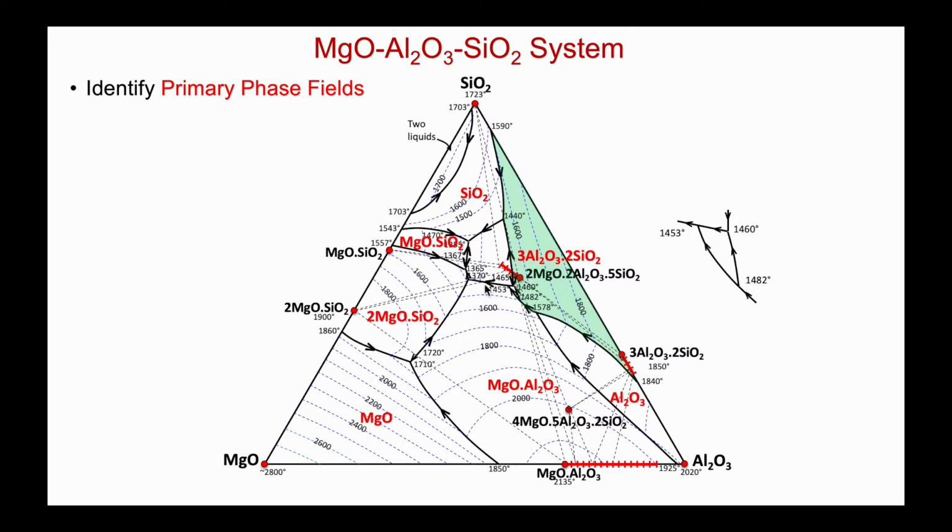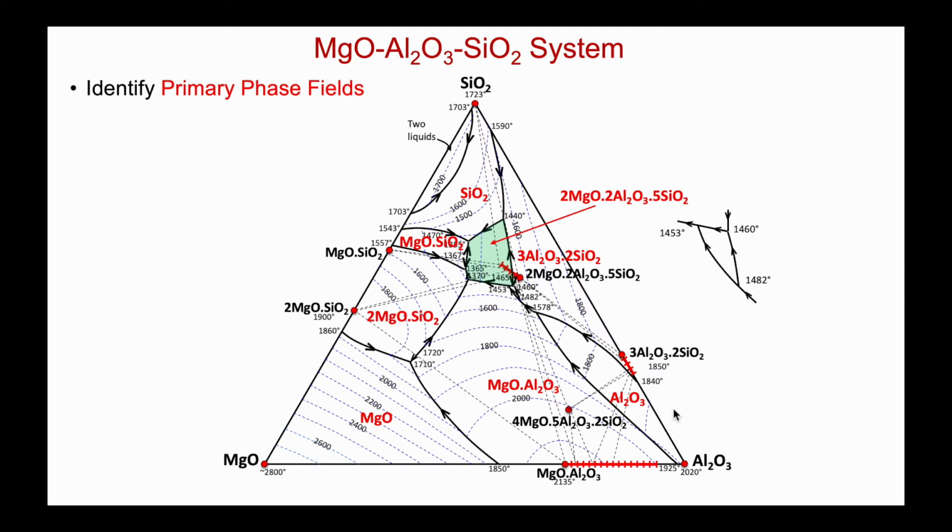Now there's a couple remaining in the middle of the system. This is actually the primary phase field of 2MgO-2Al2O3-5SiO2, and we see it lies outside the composition of that pure solid, but within the region of the solid solution. And then we've got a little region in the middle, which is the part that I've blown up outside to the right here, this primary phase field within this triangle.